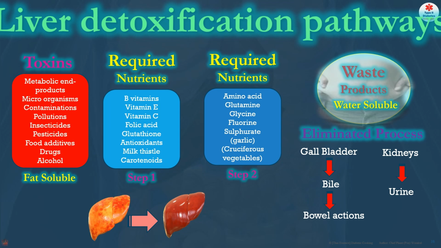So it is eliminated out of your gallbladder into the bile and bowel action. The gallbladder is going to do it and go to the bile, and then you get a bowel action. It also comes from the kidney to go to urine. So you can see all these, poop and urine. Literally, your toxins are going to come out.